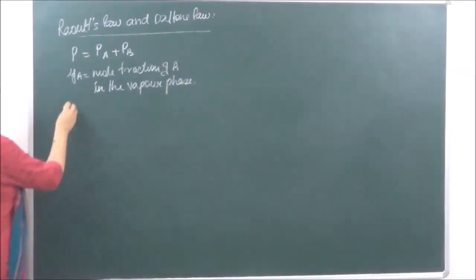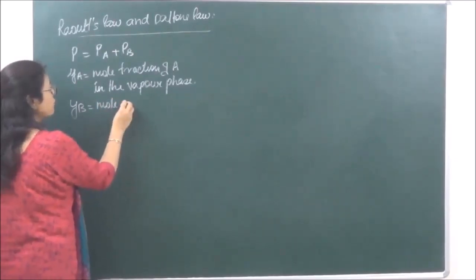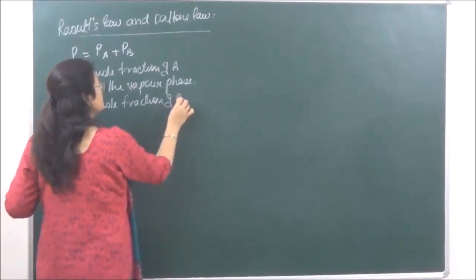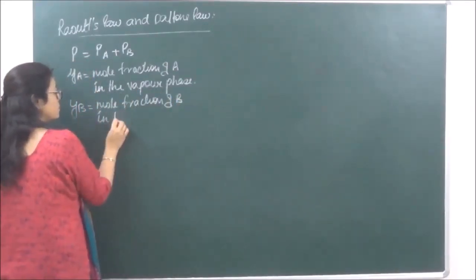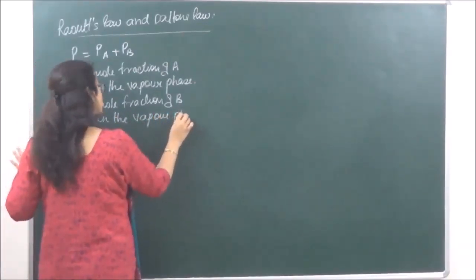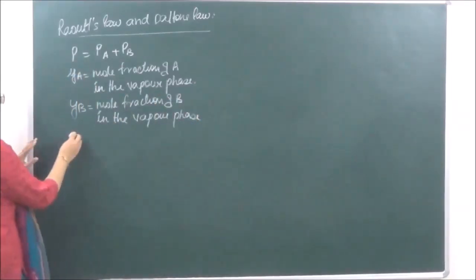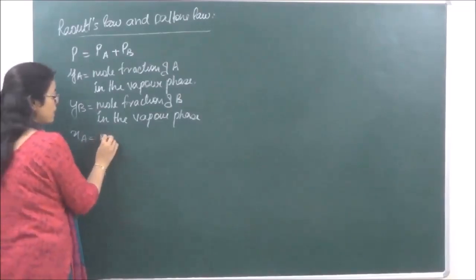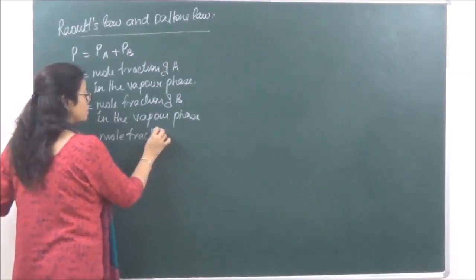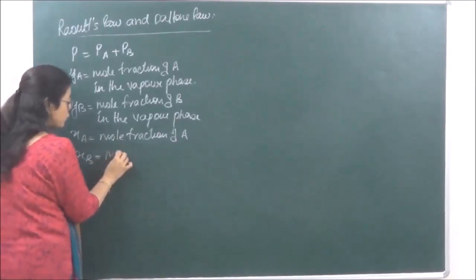Similarly, YB is equal to the mole fraction of B in the vapor phase, and XA is the mole fraction of liquid A and XB is the mole fraction of B.